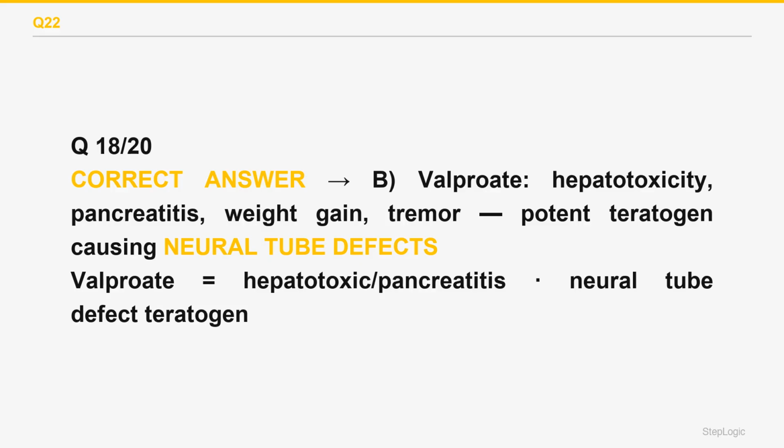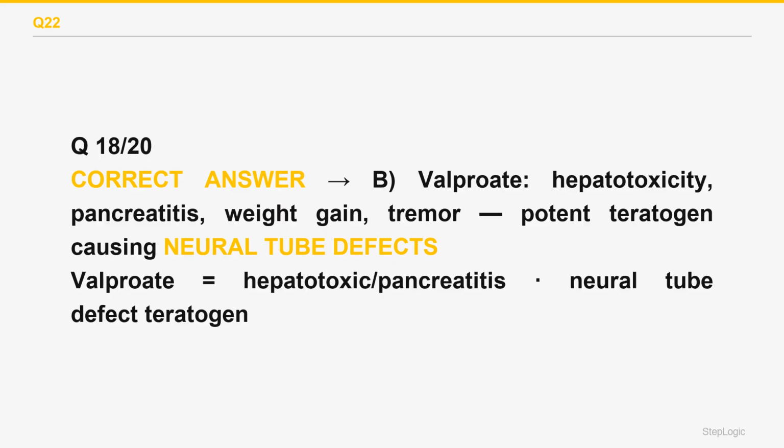The two high-yield points are the hepatotoxicity, monitor LFTs, especially early and in young children, and the neural tube defect teratogenicity, avoid in pregnancy and childbearing potential. This contrasts with the other anti-epileptic toxicity signatures. Phenytoin causes gingival hyperplasia and zero-order kinetics. Ethambutol, an anti-TB drug, causes optic neuritis.